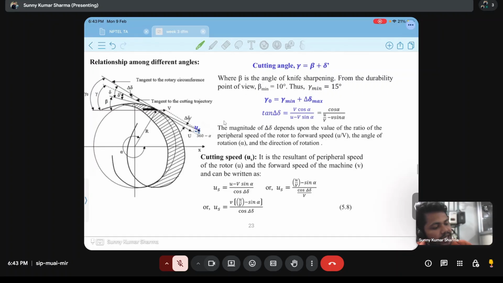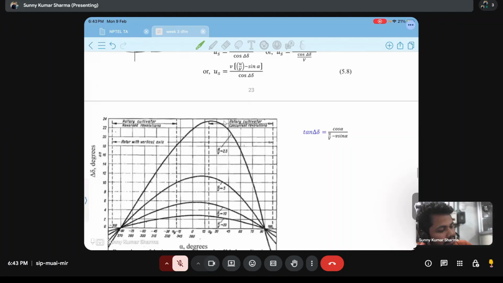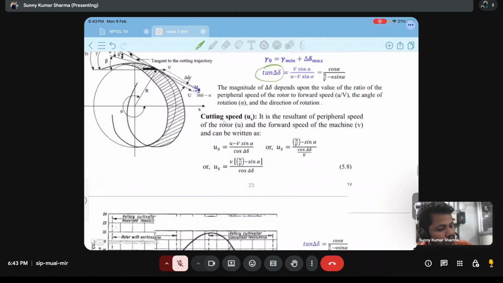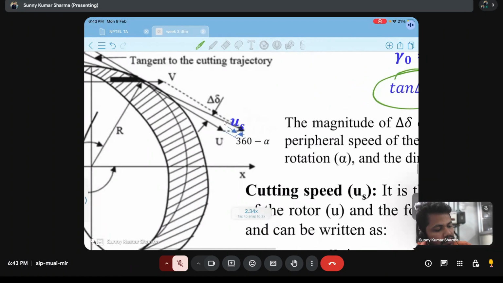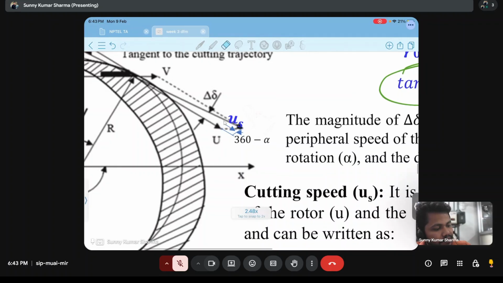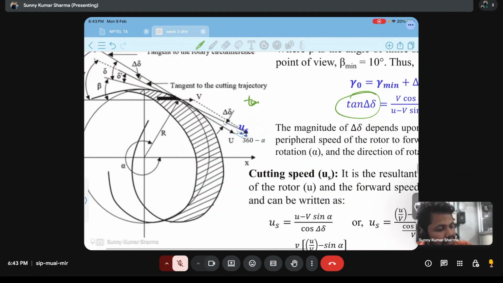And the next thing is tan del delta with the u by v ratio relation, and its relation with cutting speed. If we look carefully at the geometry of this whole diagram, we will find that tan del delta is equal to this perpendicular by this base.